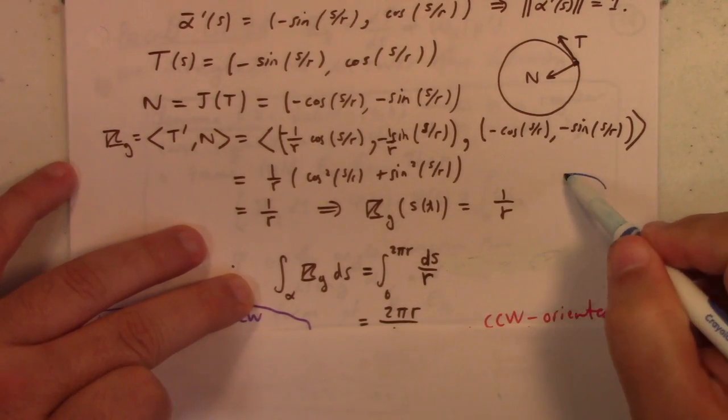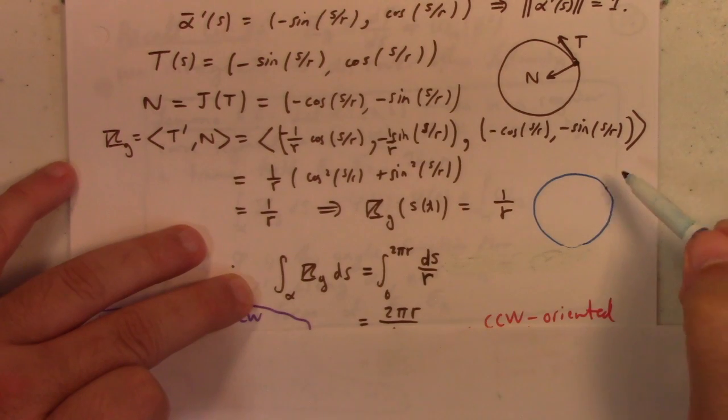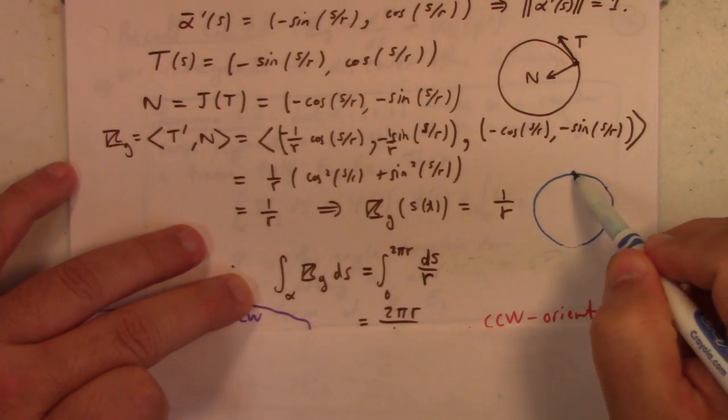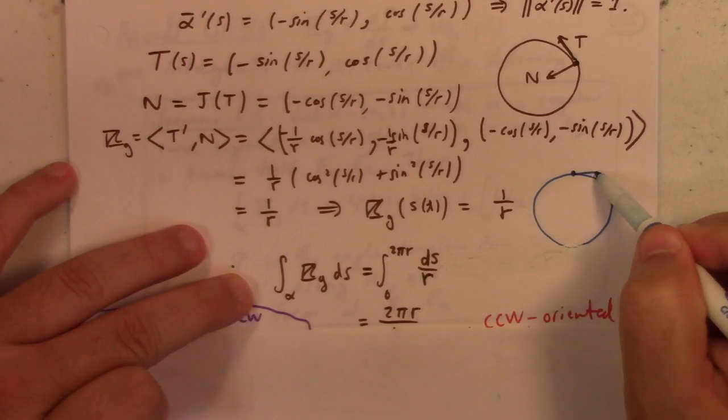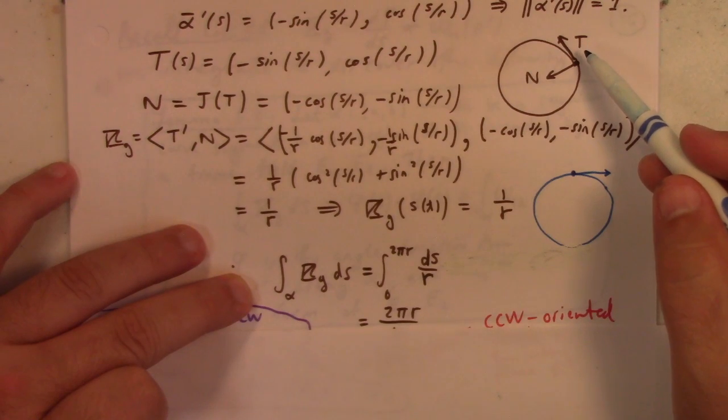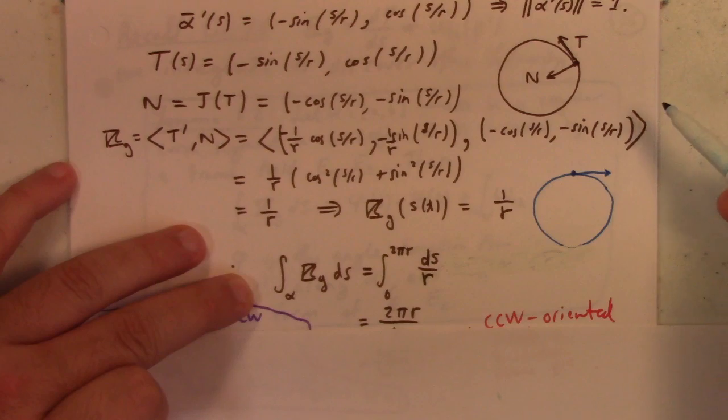If I was to have a clockwise circle, the tangent would point, wait a minute. That's counterclockwise. I forget which way is clockwise and which is not.